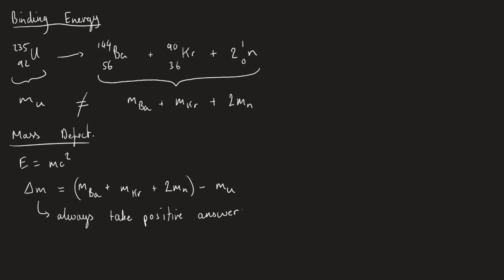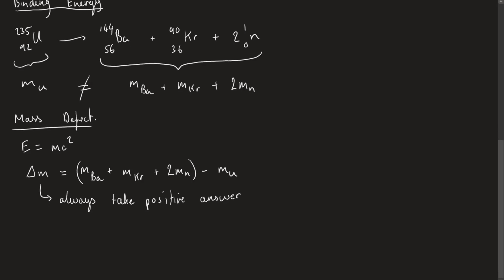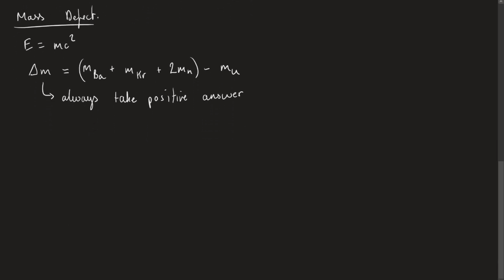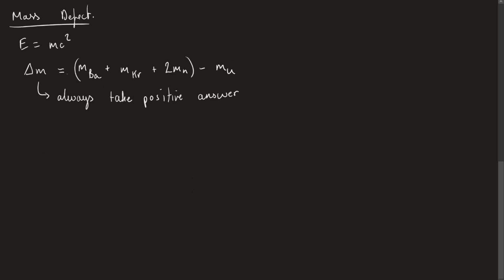So even if you put these into the calculator the wrong way around, or the uranium has a bigger mass than these 3 combined, you would just get rid of the negative sign. And that means that the amount of energy that we release is based on the change in mass of these 2 things.